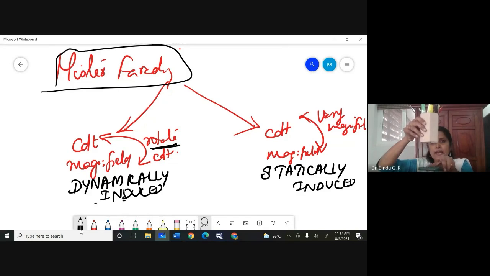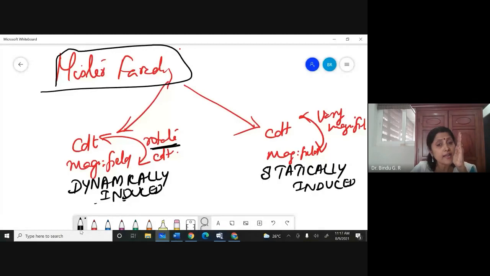During the rotation, the magnetic flux lines are getting cut, and as a result an EMF will be induced in it. So that is called dynamically induced EMF. That is being practiced.